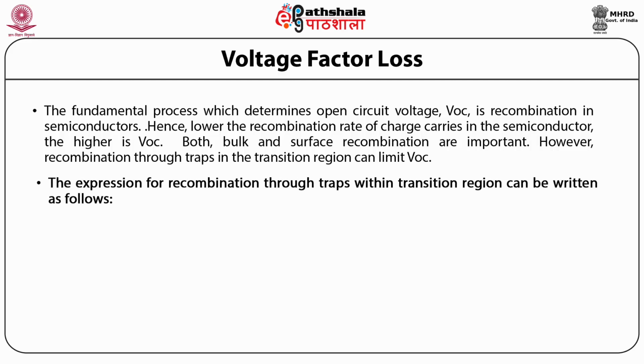The expression for recombination through traps within the transition region can be written as U_SRH is equal to (np minus ni square) divided by (tau p multiplied by (n plus n1) plus tau n multiplied by (p plus p1)).